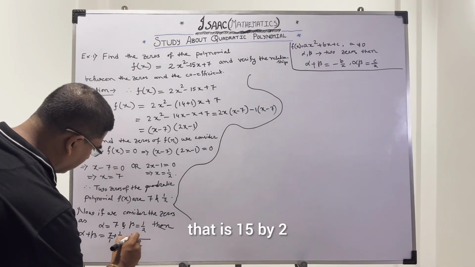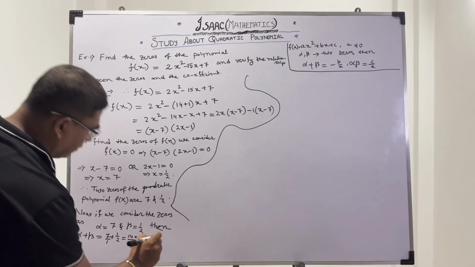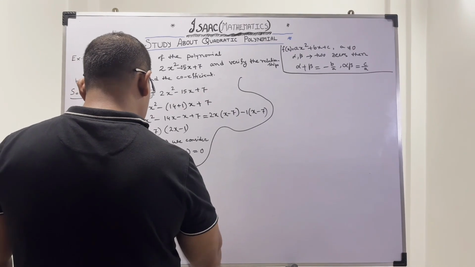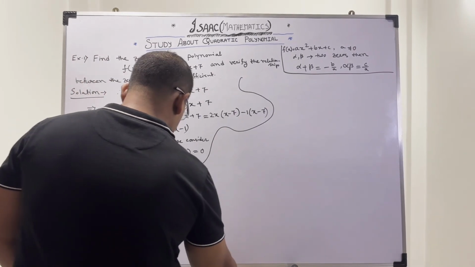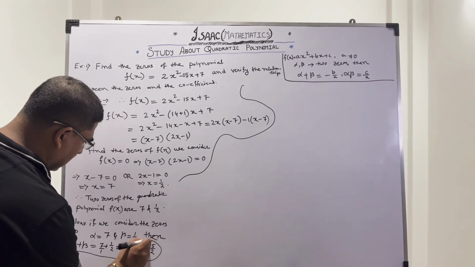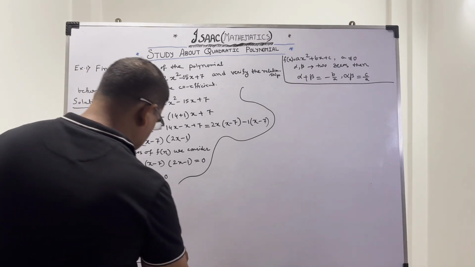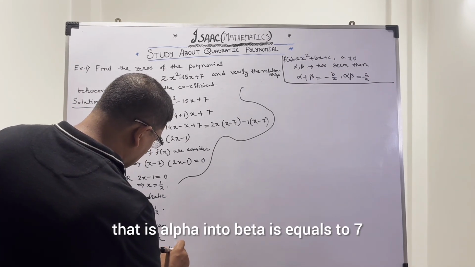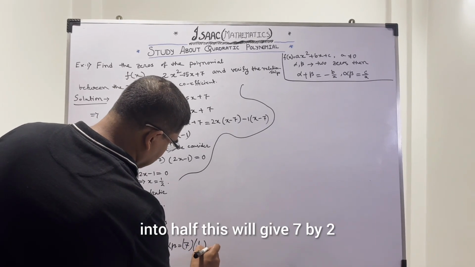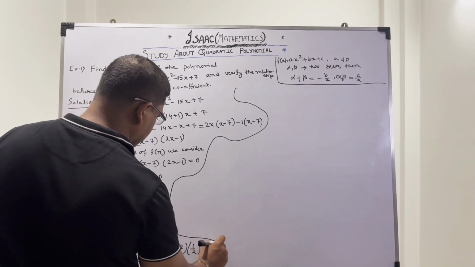So 14 plus 1, that is 15 by 2. So the sum, alpha plus beta, becomes 15 by 2, and their product, alpha into beta, is equal to 7 into half. This will give 7 by 2.